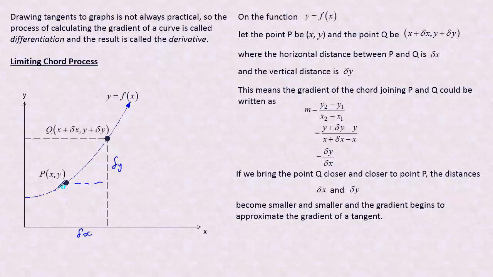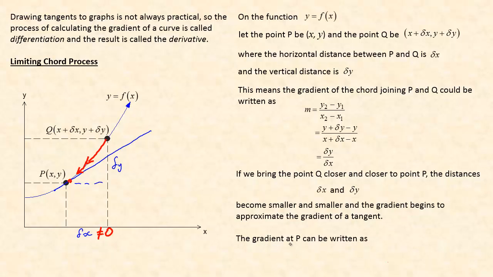If we've got the tangent line here, like so, then clearly the gradient that we have at the moment is not the same as that, but we're talking about bringing this point closer and closer to P until they're virtually indistinguishable. We won't actually be allowed to make delta x equal to 0, because then we just have 1 point and we can't calculate a gradient, but we can make it as close to that point as we like.